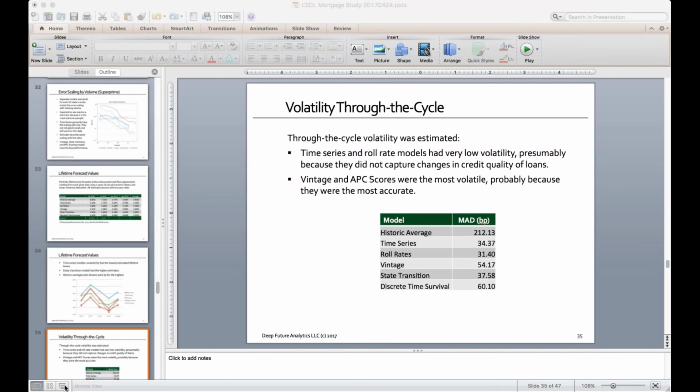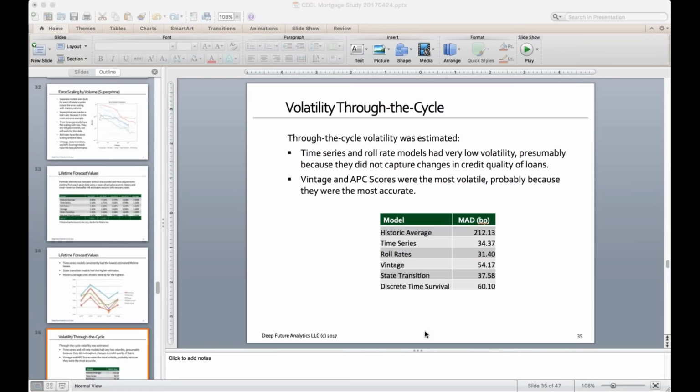Also from that graph, we looked at the volatility. I didn't even show the historic average on that previous graph because its forecasts were too high and too volatile. If you're going through an economic cycle, that 12-month backward-looking moving average is the most volatile way you can use to estimate lifetime losses. Ignoring that, the next most volatile models are the vintage model and the survival model. These are very accurate models, and accuracy means that you're following the economic cycle and the credit cycle very precisely.